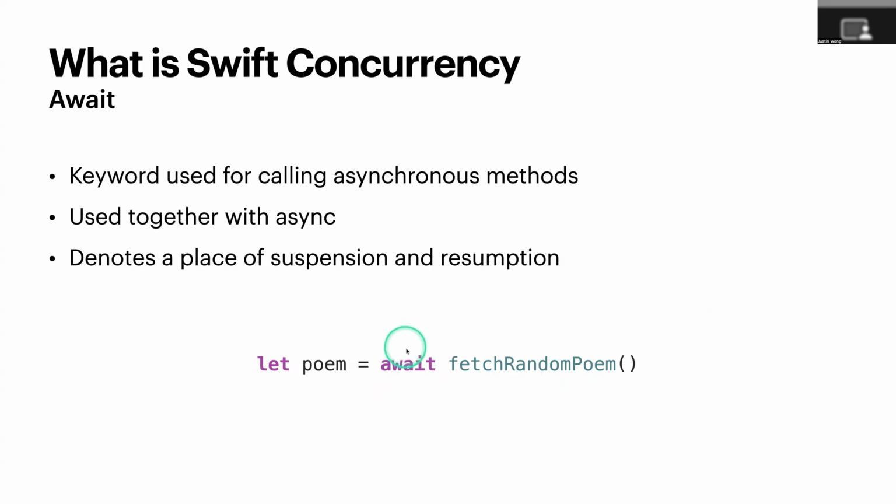Once it hits this function, the thread that this code is on could suspend this function at this point. Fetch random poem does its own thing, it's fetching. In the meantime, the operating system can queue up other things to run on that thread. Once fetch random poem finishes, it resumes, and then it continues all the code after this line.